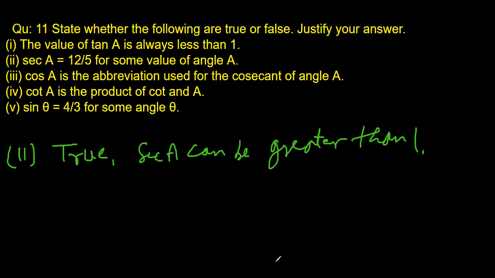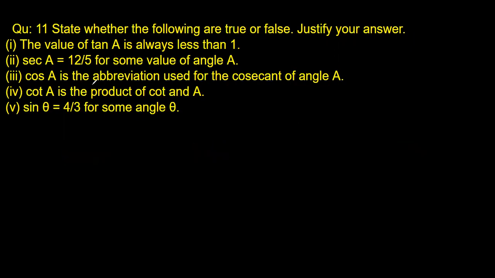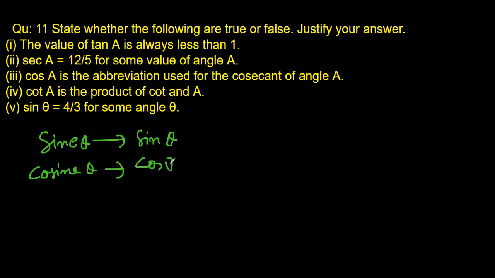Now the next one: cos A is the abbreviation used for cosecant of angle A. We know cos A is the abbreviation used for cosine of A, right? The first ratio we said was sine, and we used the abbreviation sin theta. The second one was cosine, and the abbreviation used for cosine was cos theta.